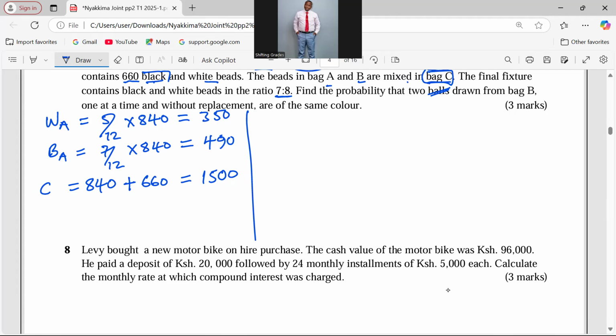Then, for us to get the final ratio, we have black and white, and I hope this ratio is also respectively.